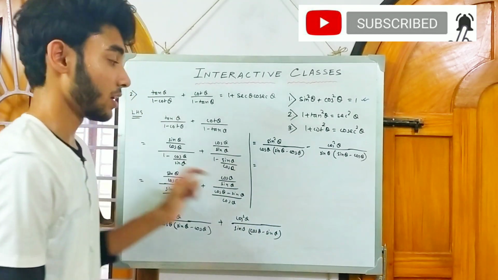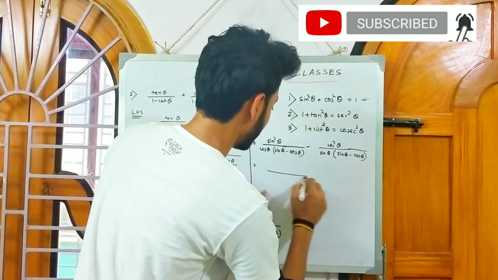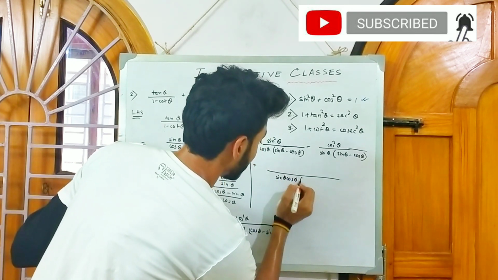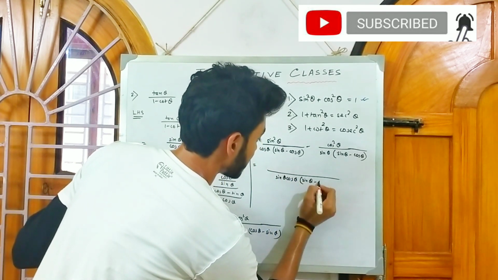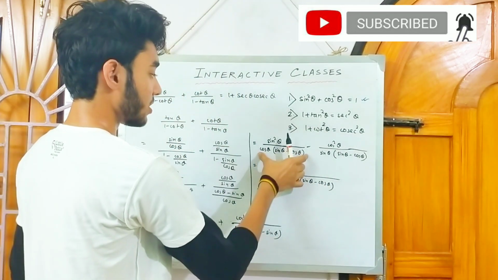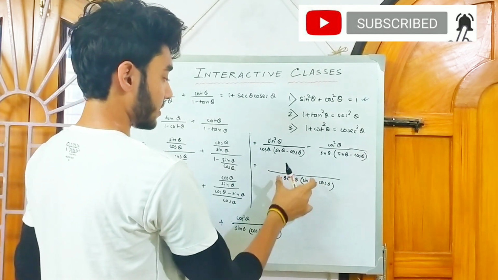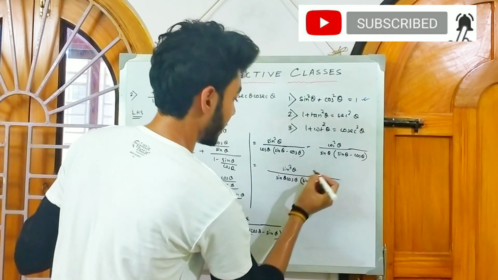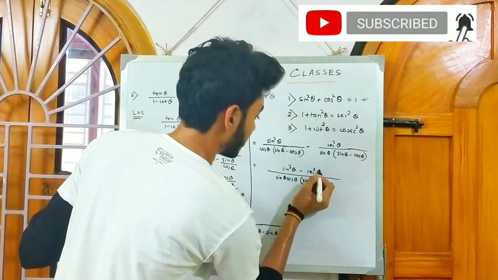Now by taking common, we write sin theta cos theta (sin theta minus cos theta). Now (sin theta minus cos theta) into cos theta. We can write the numerator as sin cube theta minus cos cube theta.